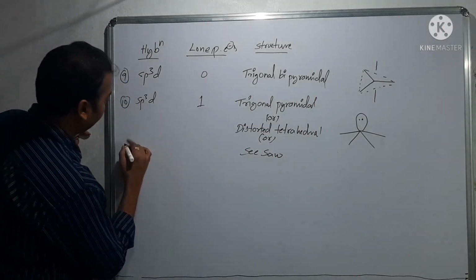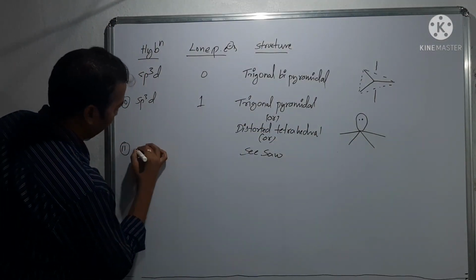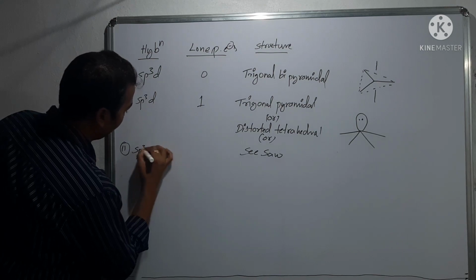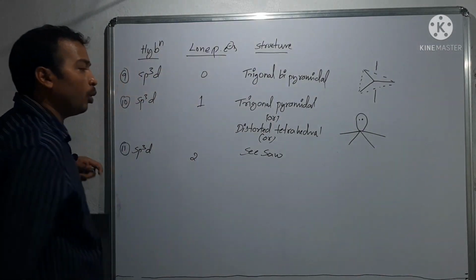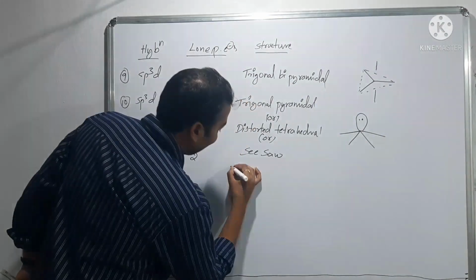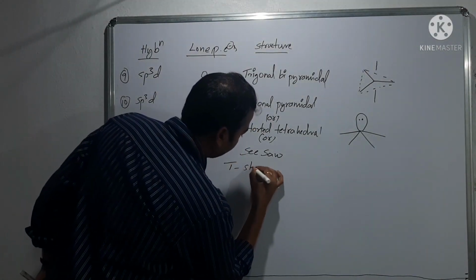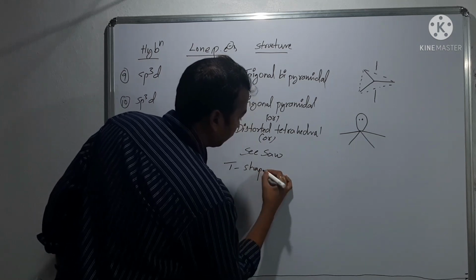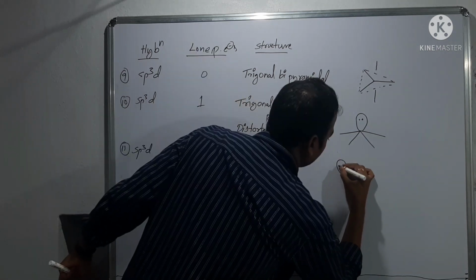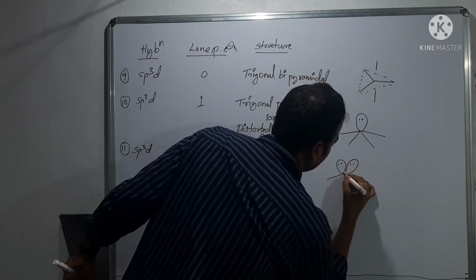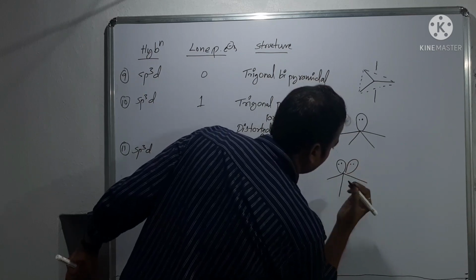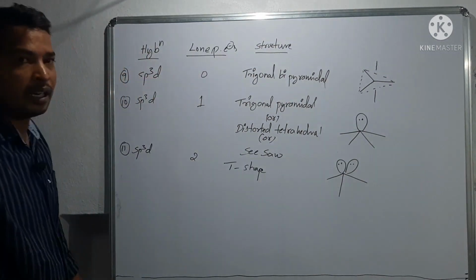Okay, next one, the 11th one: sp3d with two lone pairs. It has a T shape. Okay, this one is T-shaped.